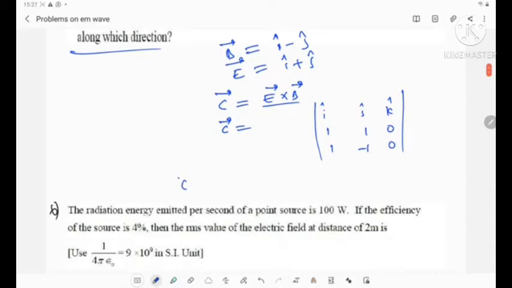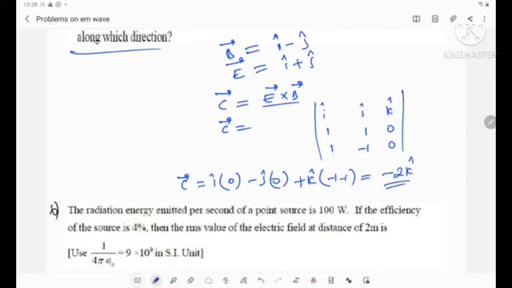From this, C bar is equal to i cap into row and column cancel, this becomes 0, minus j cap into row and column cancel, this is 0, plus k cap into row and column cancel, minus 1 into 1, minus 1. Here already is minus 1. This becomes minus 2 k cap.